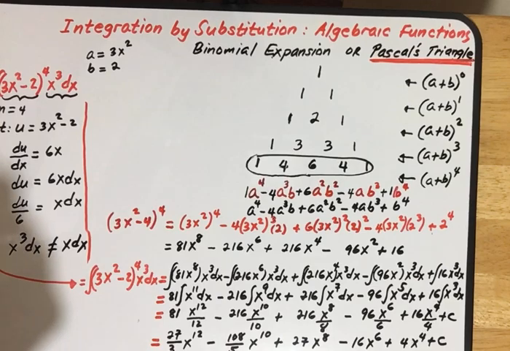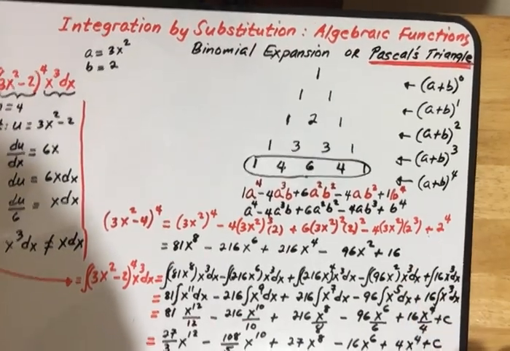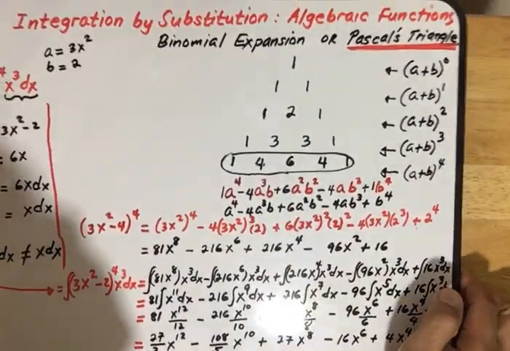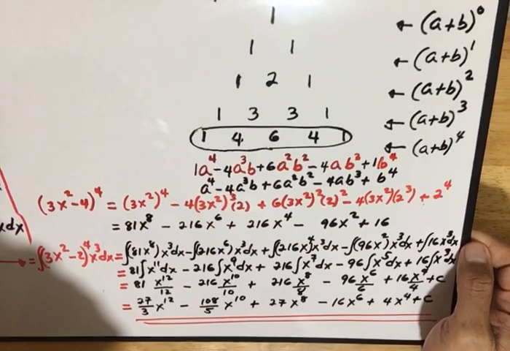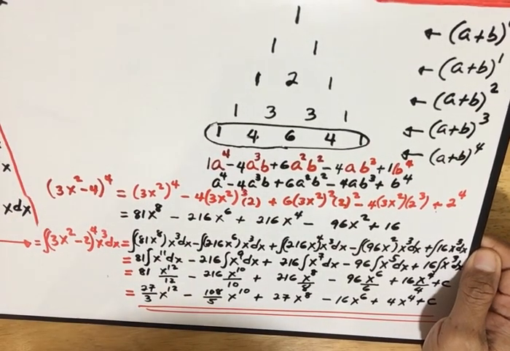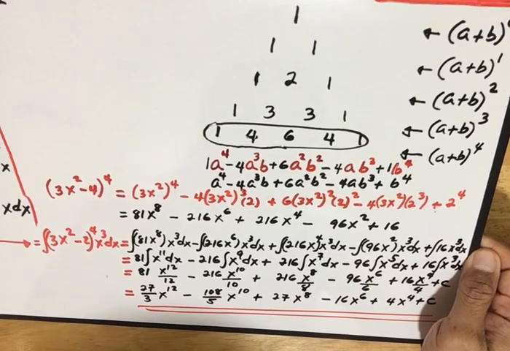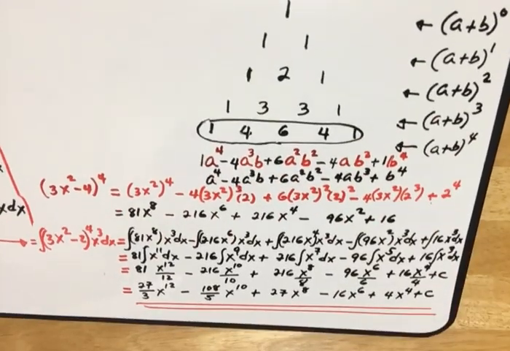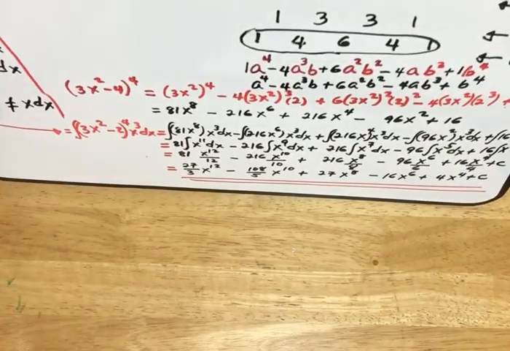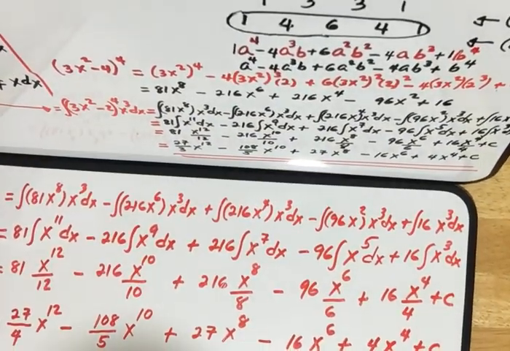Okay, so I hope you were able to follow, class. So that's it. If you compare this with our solution in the previous video, you see here, this is the solution of our previous video.